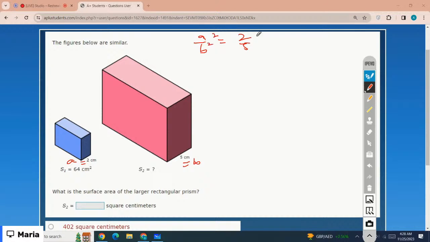We're working on the surface area, so you need to calculate their squares, right? That would be 4 over 25. Now let's form a proportion: 4 over 25 equals S1, which is 64, over S2.